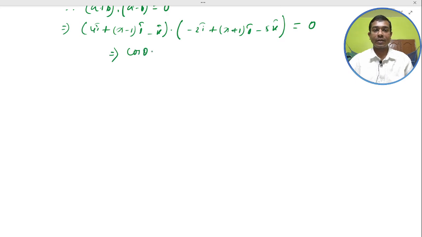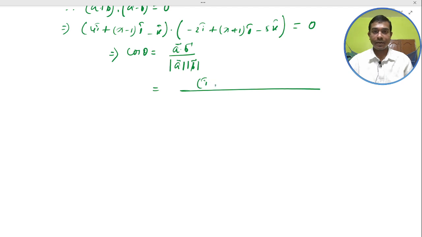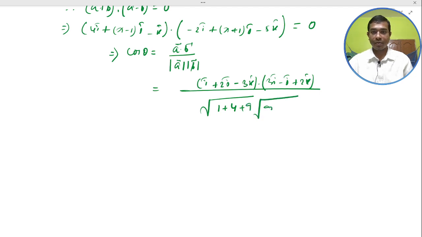Cos theta equals A dot B divided by mod A mod B. Put this value here. So here, (i plus 2j minus 3k) dot (2i minus j plus 2k) is divided by square root of 1 plus 4 plus 9 into square root of 9 plus 1 plus 4.